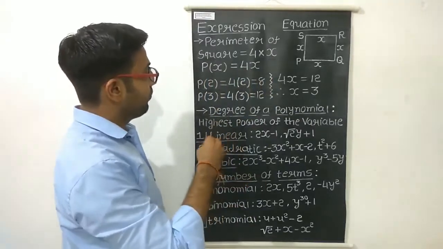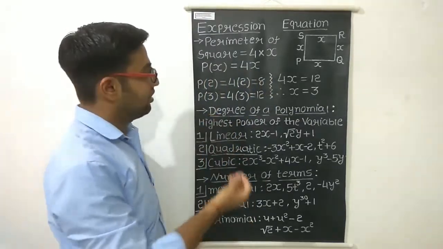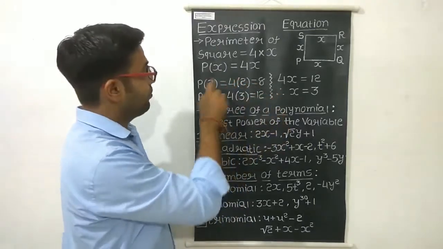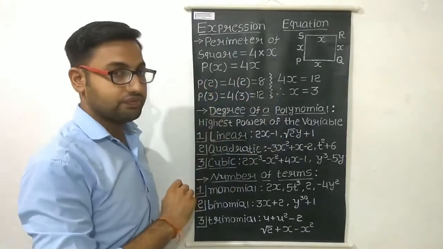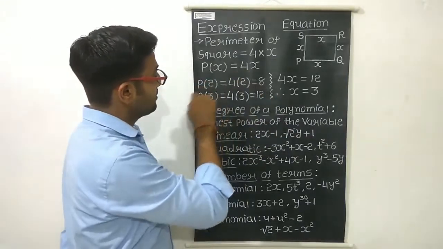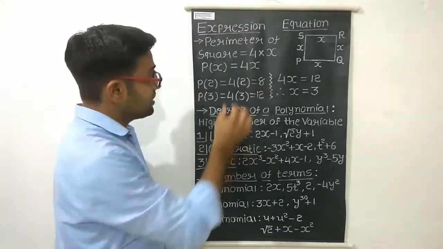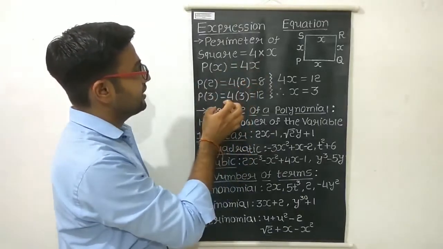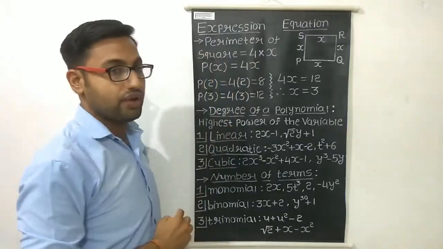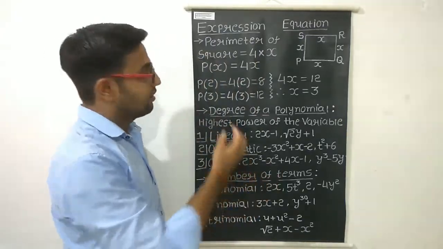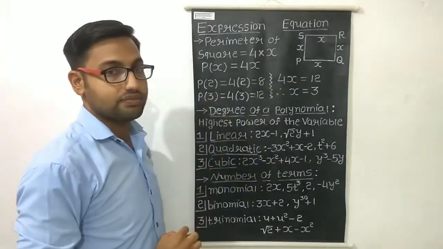If there is another kind of variable, suppose y is there in the polynomial, we have to write it as p of y. As there is variable x, we write p of x equals 4x. So what is 4x? 4x is the perimeter of the square. We express the perimeter of the square with 4x.